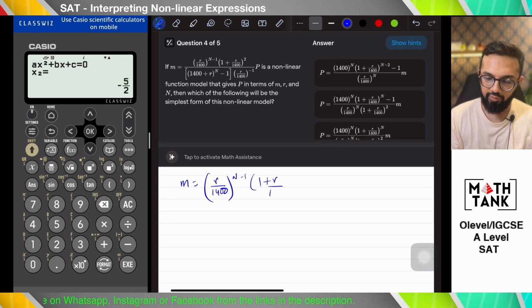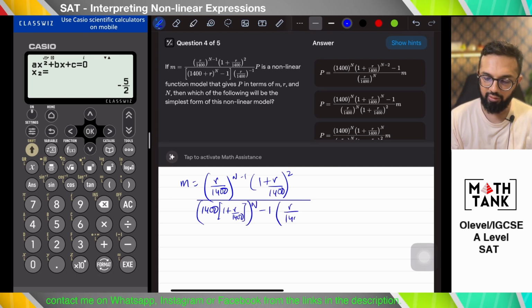1 plus r over 1400 squared. Okay. In the denominator, I see something happening. What if I were to factor out 1 over r power 1400 from here, and there's a power n minus 1 over r over 1400 power minus p.